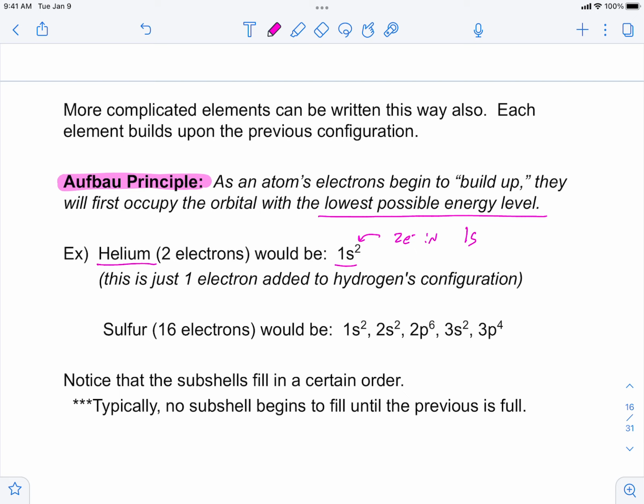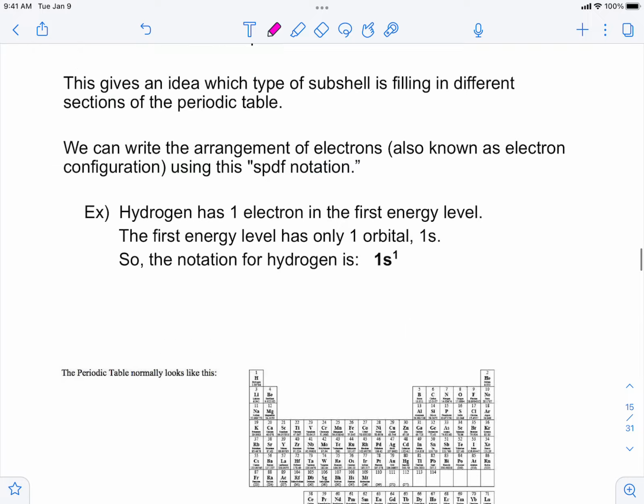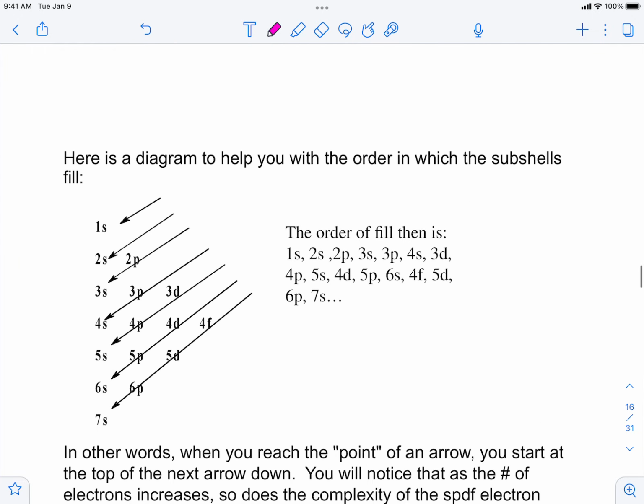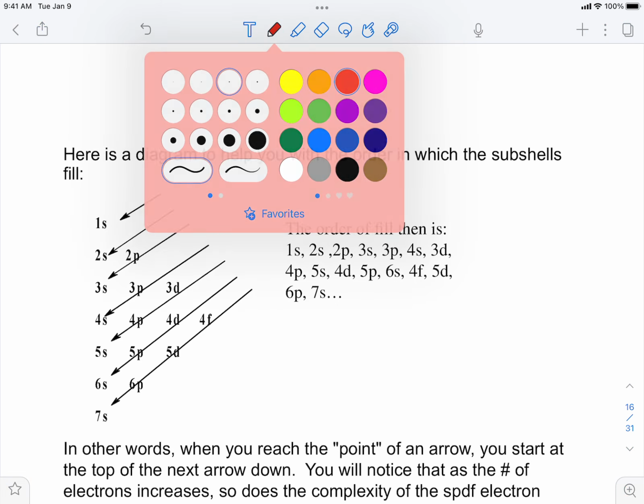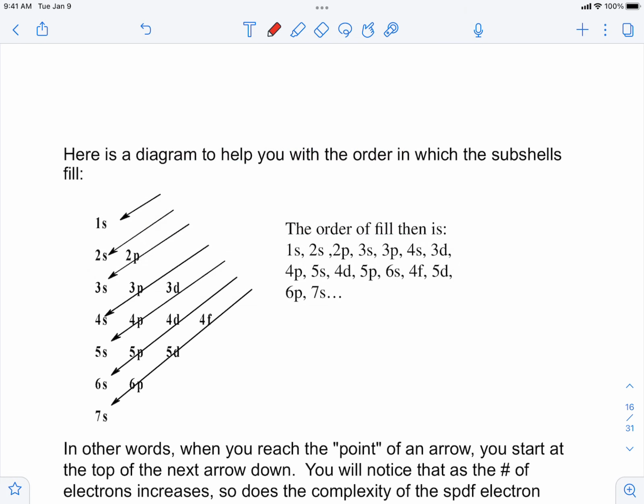Sulfur. Sulfur has 16 electrons. So if we look at the arrow diagram again, this is the same one that we wrote earlier. Notice that we have cascading arrows coming down at an angle. And these angles for these arrows are here for a reason. This is how we read this. We start by reading the first arrow from the top right to the bottom left.